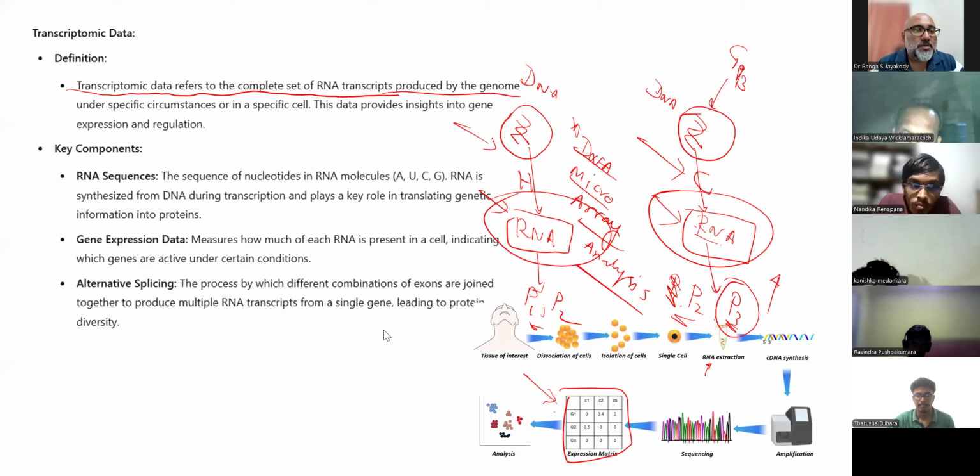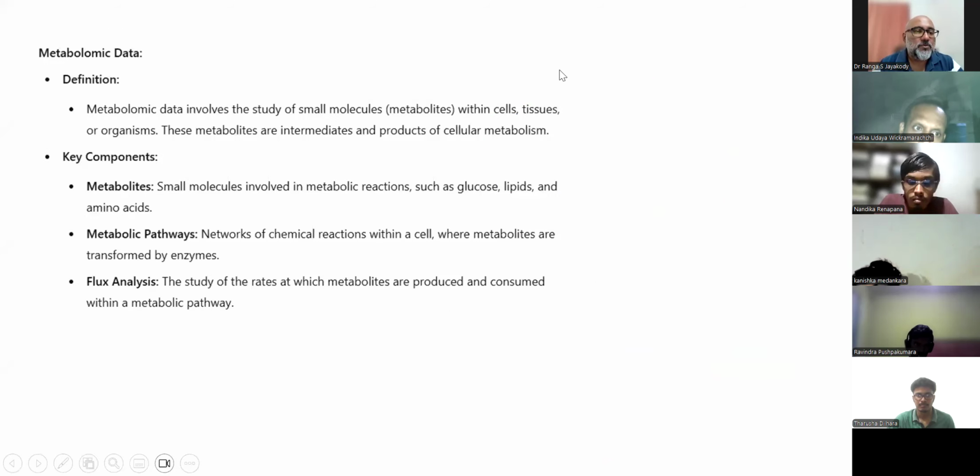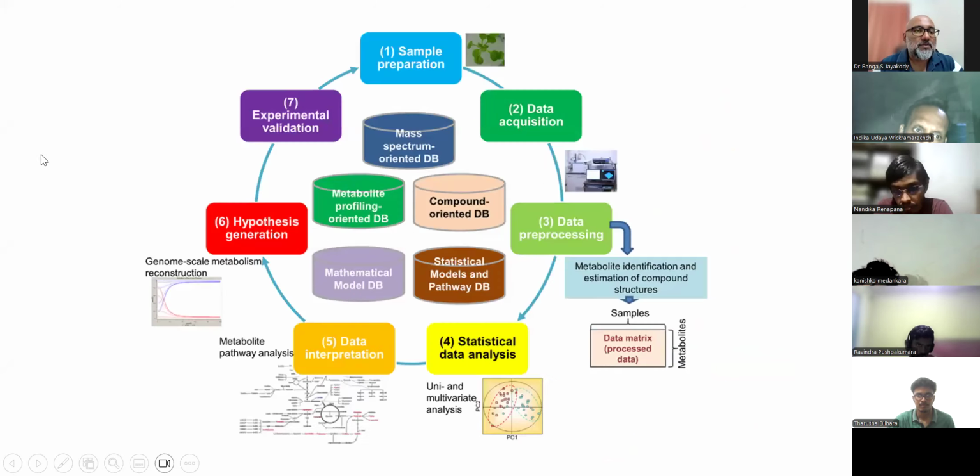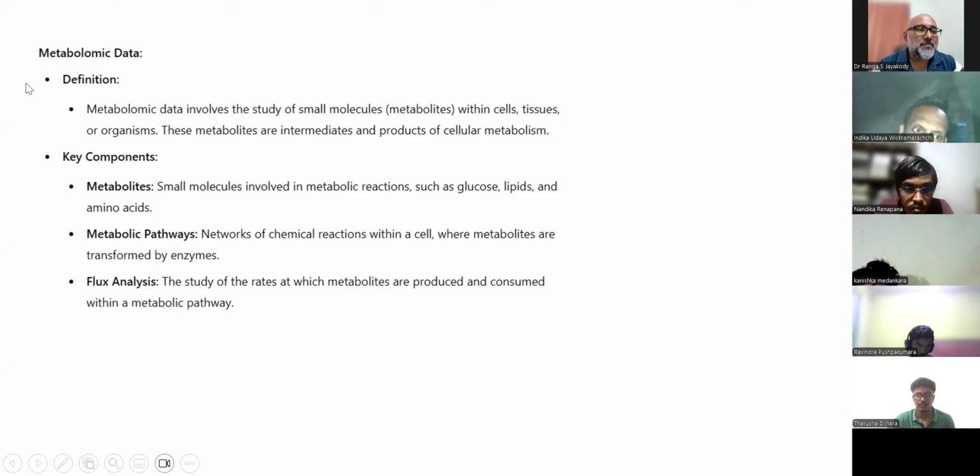Okay. So transcriptomic data, and then of course the next set of data that we have to deal with is the metabolomic data. That means the data that is related to metabolism of small molecules in our body.